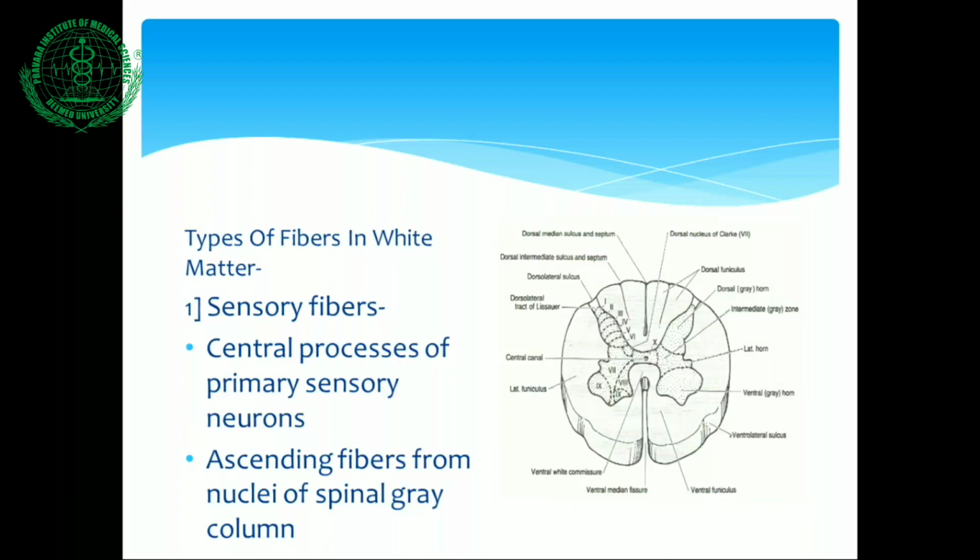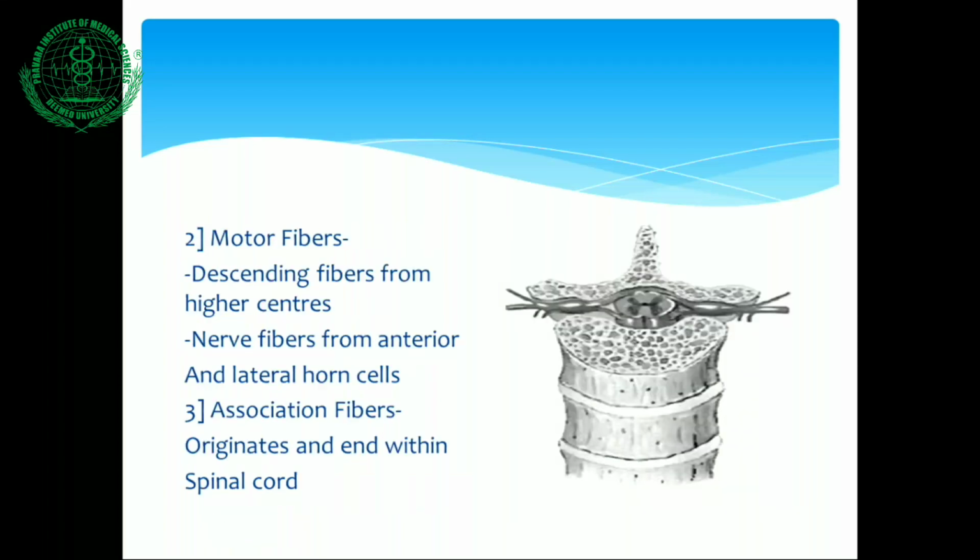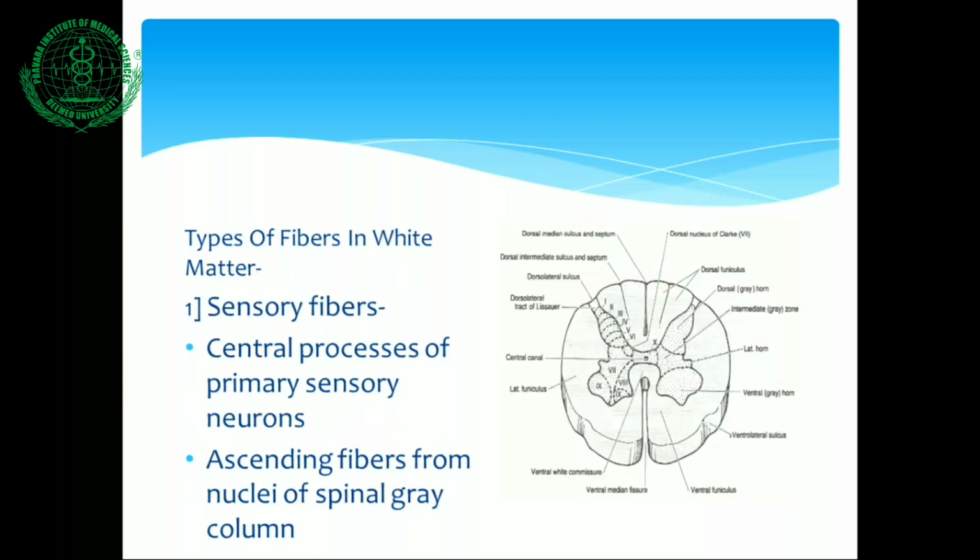The different contents of white matter are mainly the fibers, the different types of fibers which are present in white matter of spinal cord. These fibers are sensory fibers, motor fibers and association fibers.